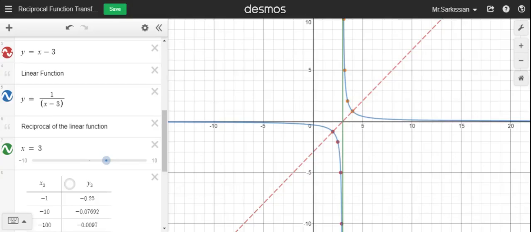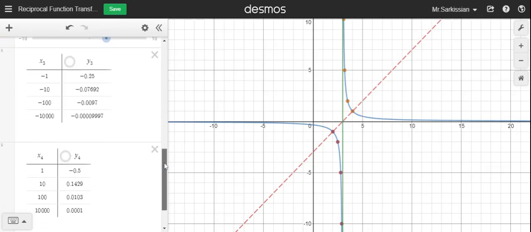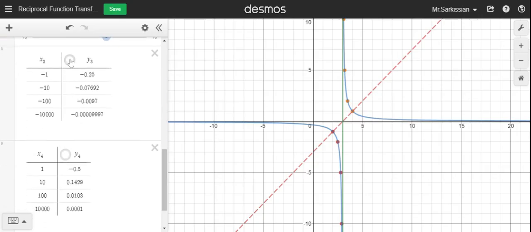And then if we want to describe the end behavior of this graph, what is happening when x approaches positive infinity and negative infinity, there's another table of values that we can investigate. So here x is negative 1, and y is negative 0.25. And then we select a smaller x value, negative 10, and we see what happened.